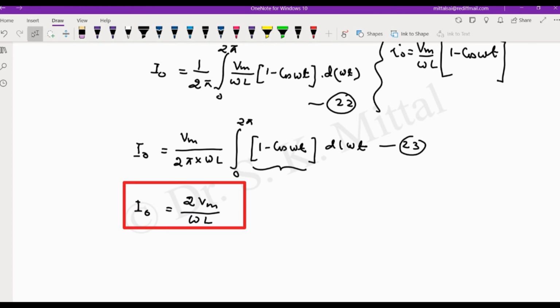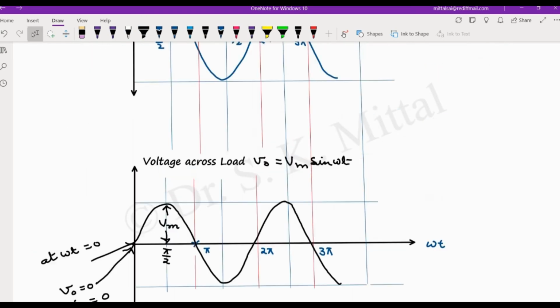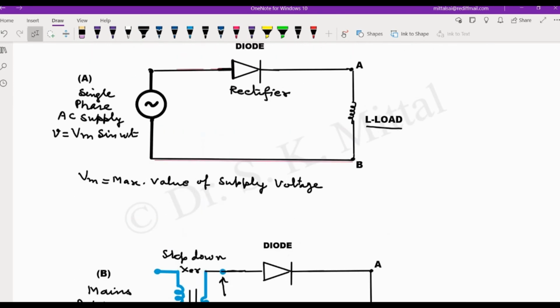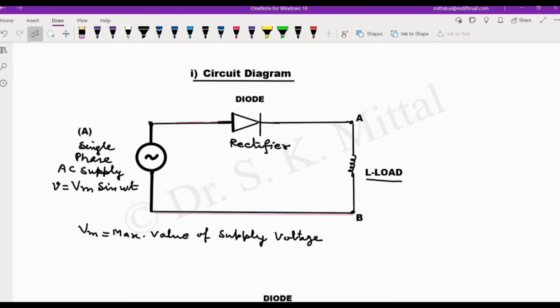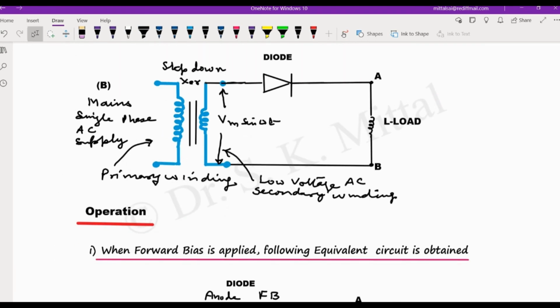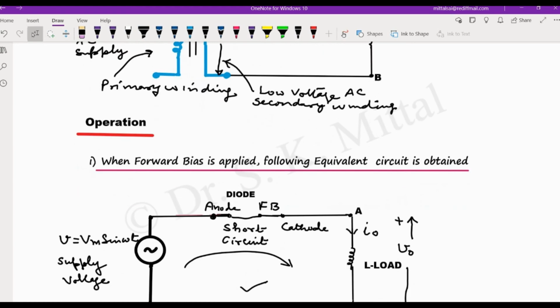In this way, in this lecture, I have covered the circuit diagram. We have already discussed the circuit diagram.